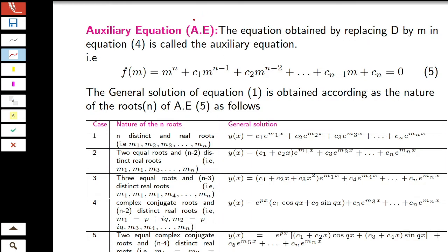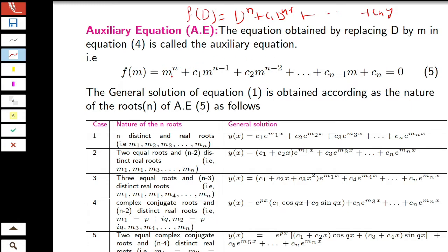Come to the next definition, called the auxiliary equation. In the previous slide we saw this f of D. f of D is of the form D power n plus c1 into D power n minus 1 plus, and so on, plus cn. This is called a polynomial in terms of D. If you replace D with m and equate to 0, this is called the auxiliary equation.